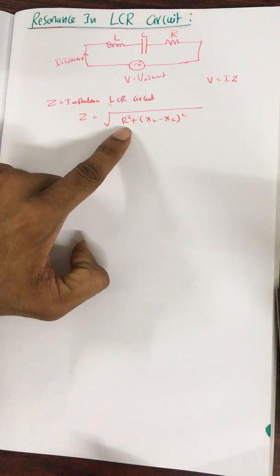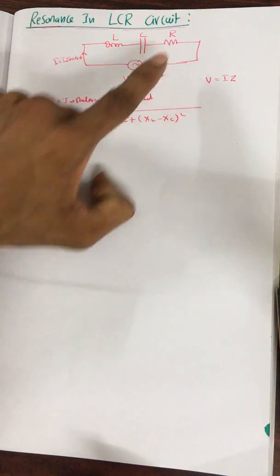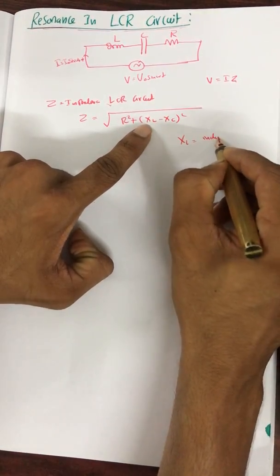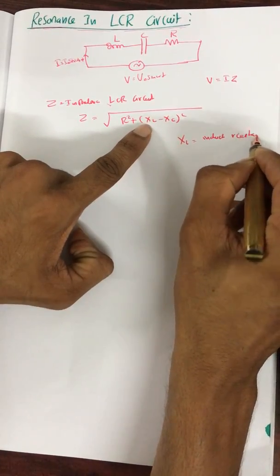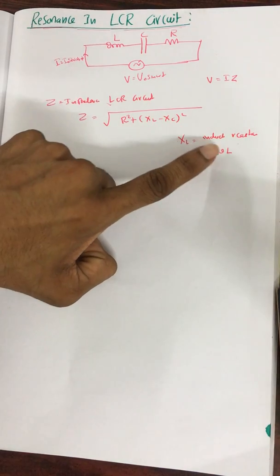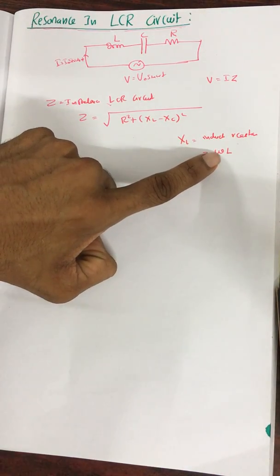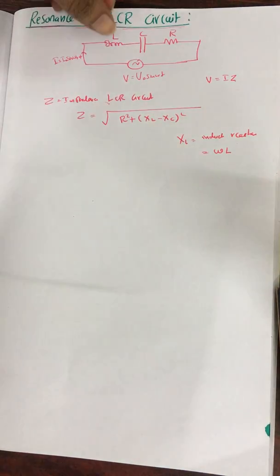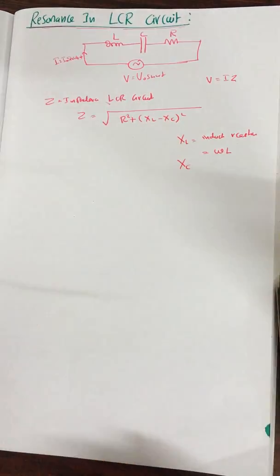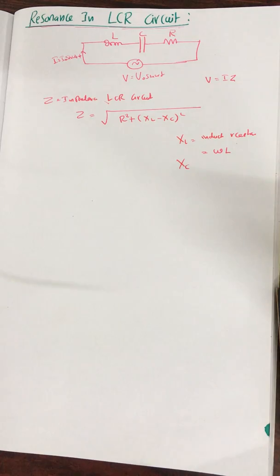Now Z has the resistance due to all three. R is the resistance because of the resistor here. XL is called the inductive reactance, which is equal to omega L, where omega is the angular frequency 2 pi f, and L is the inductance of the coil we use here. And XC is again a resistance offered to the flow of current, because of the capacitor.